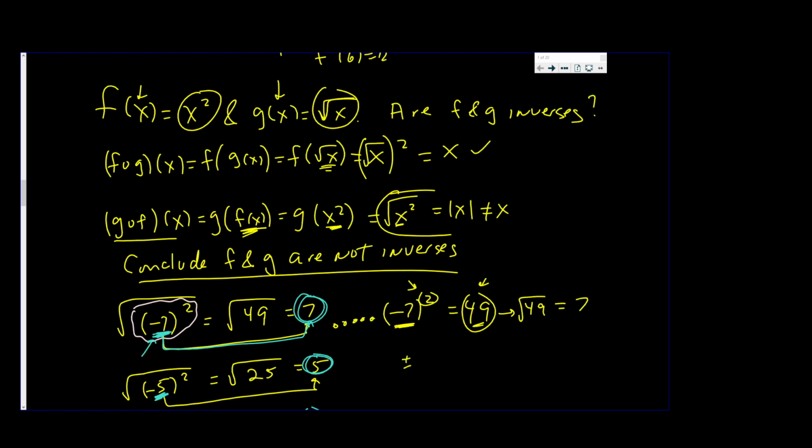Because if you square plus or minus 7, you get back 49. But when you take the square root of 49, you only get back 7.